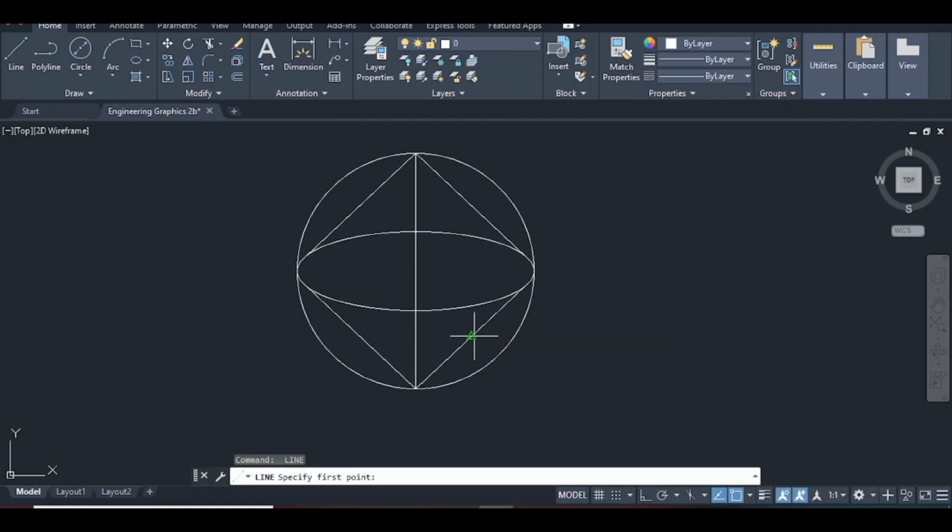Starting at the midpoint, do them perpendicular. Snaps at perpendicular. So this exercise 2B is complete.